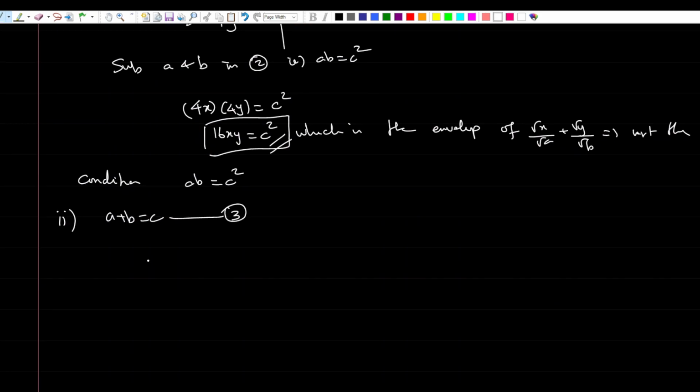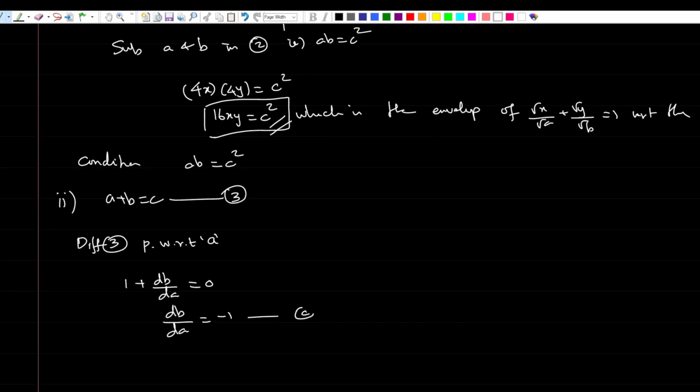So differentiate equation number 3 partially with respect to a. We will get 1 plus dB by dA equal to constant is 0. Therefore, dB by dA equal to minus 1.